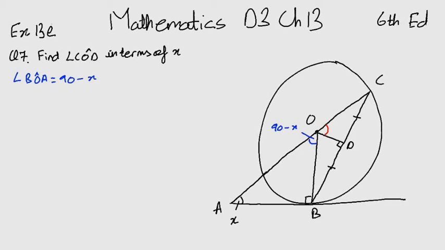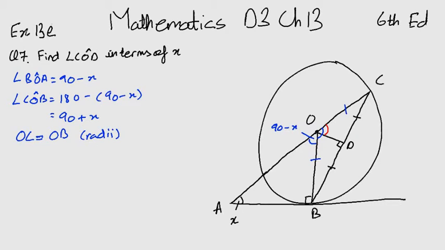We start off by noting angle BOA equals 90 minus X because the sum of angles in a triangle equals 180. Similarly, angle COB can be calculated as 180 minus (90 minus X). Why? Because points A, O and C lie on the same straight line and the sum of angles on a straight line is 180.